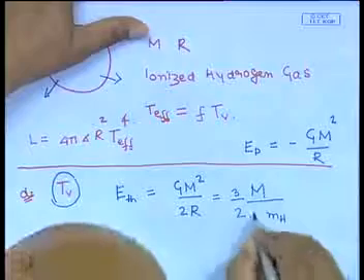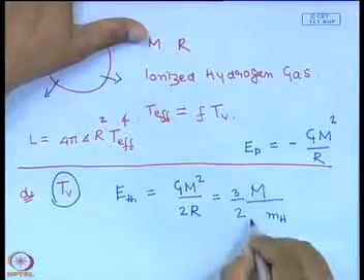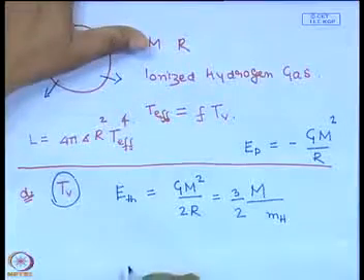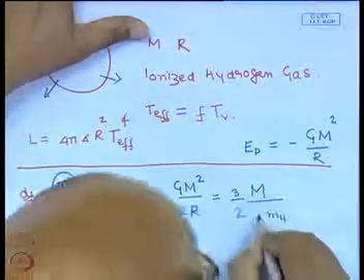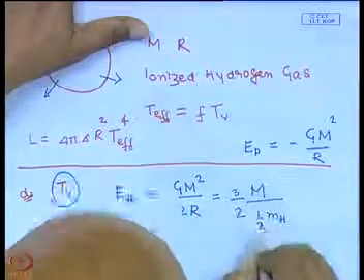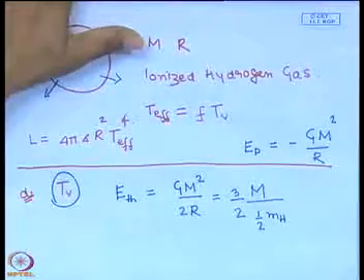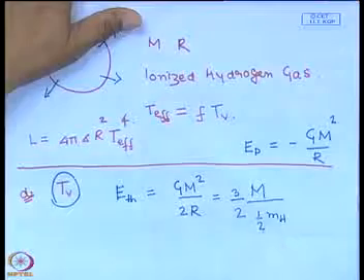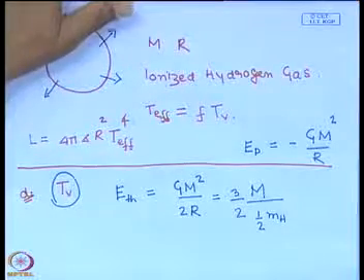So, there will be, or you may say that the mean atomic mass is half. Okay. So, there will be a factor of half here, that is the number of particles, it is the mass of this object divided by half the mass of the hydrogen atom.